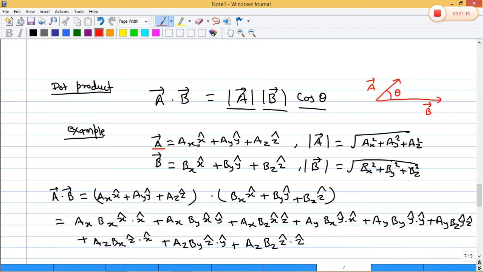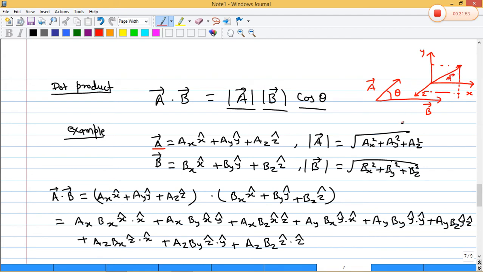But individually in the coordinate system, this is the x coordinate, y coordinate, and this is the z coordinate here. So the z component is this. If the vector is this, then this is the A vector which has components ax, ay, az, along the x direction, y direction, and z direction.